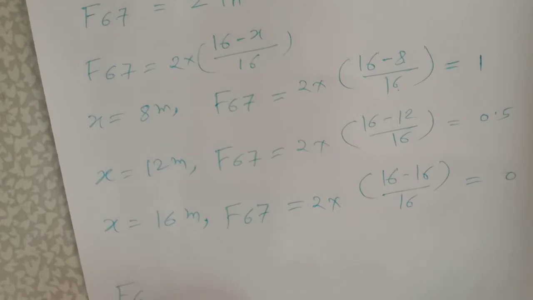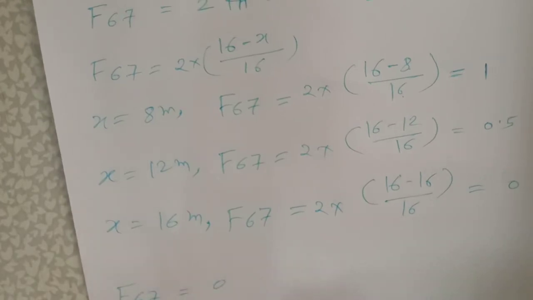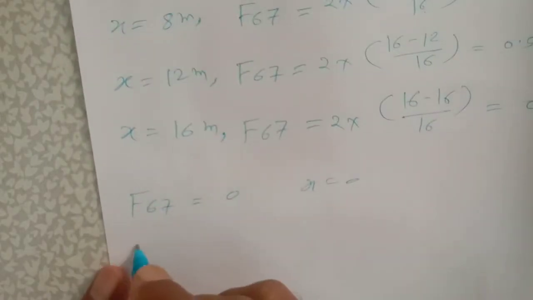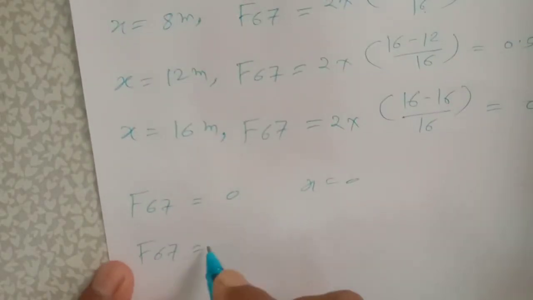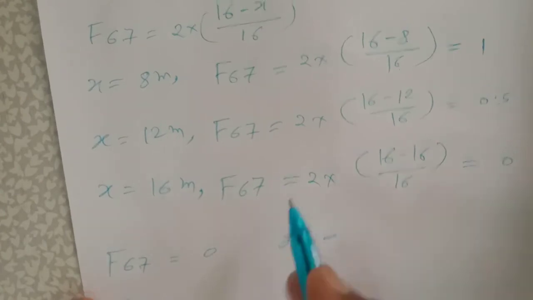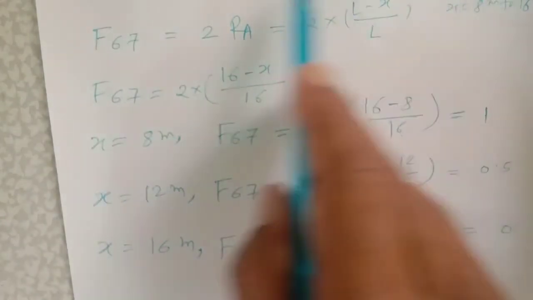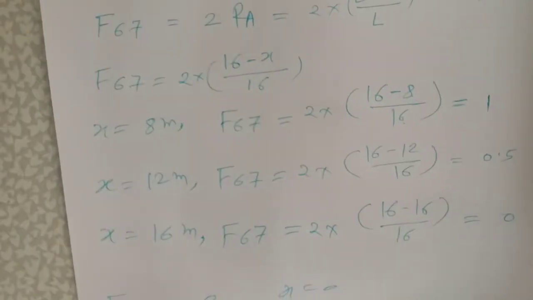How many values are we getting? Force in member 6, 7 is equal to 0 when x is equal to 0. Okay, at x is equal to 4 meter, it is 0.5.